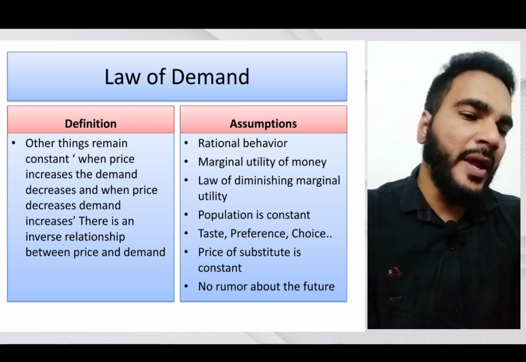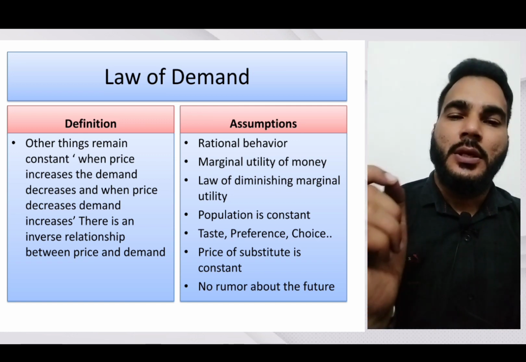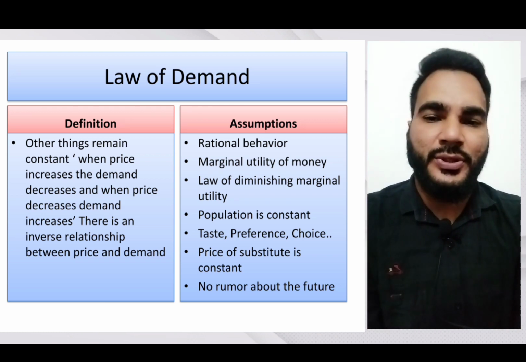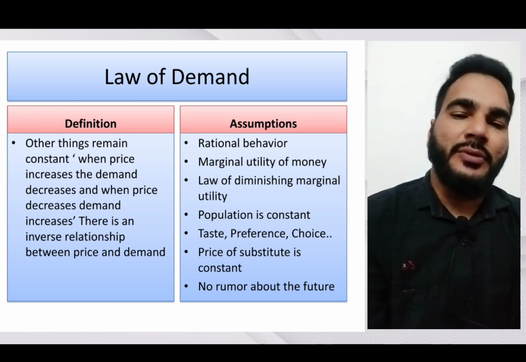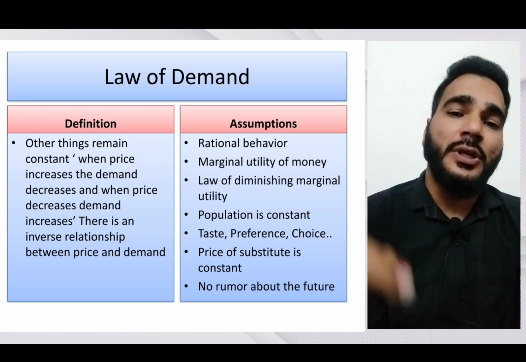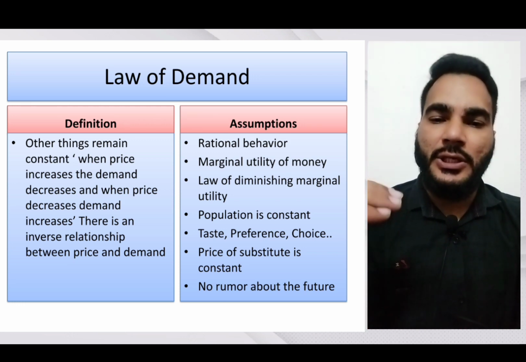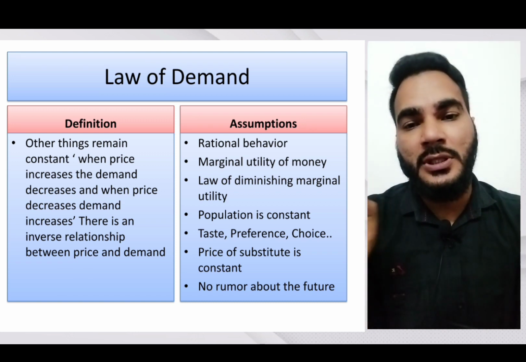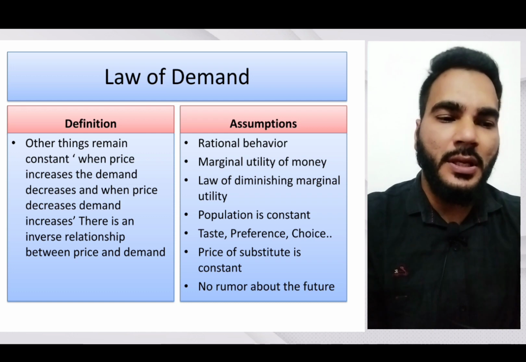Then we have the law of diminishing marginal utility. As we all know, in the previous chapter, chapter 1, we have seen in economics that diminishing marginal utility means as you consume more products, the utility from that product decreases. So here it is also a main factor which we can see.